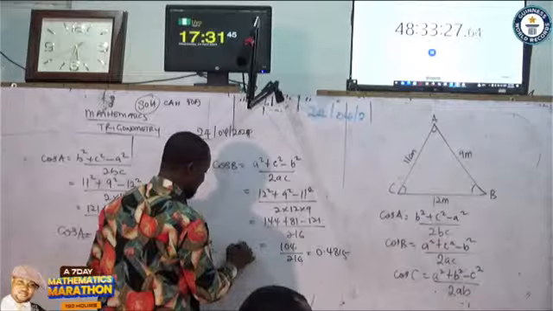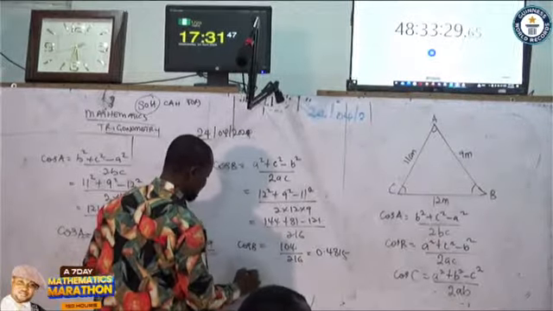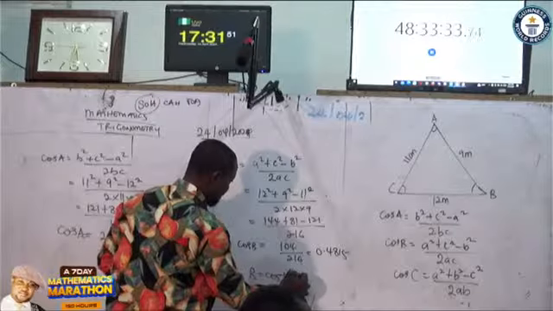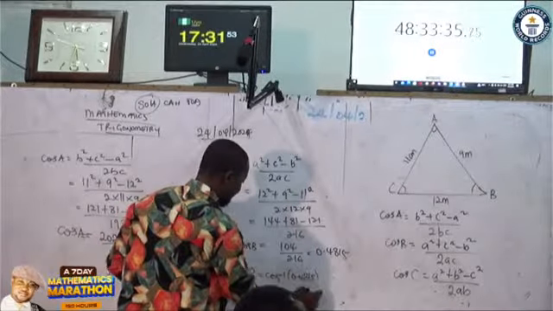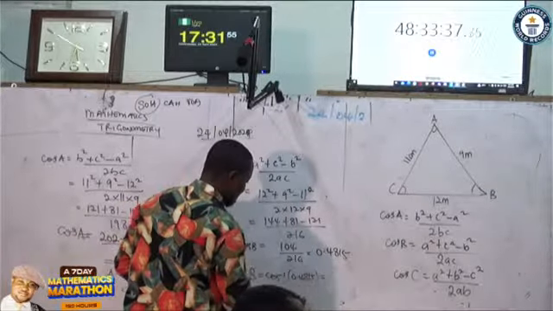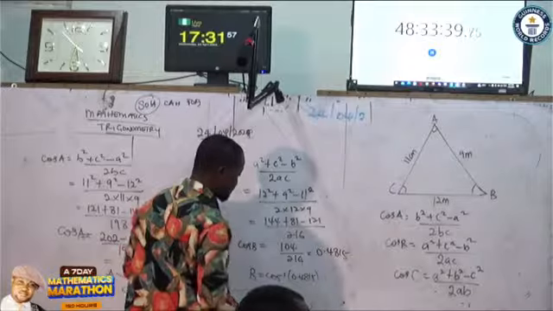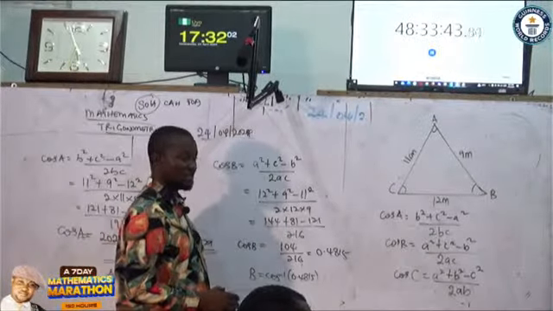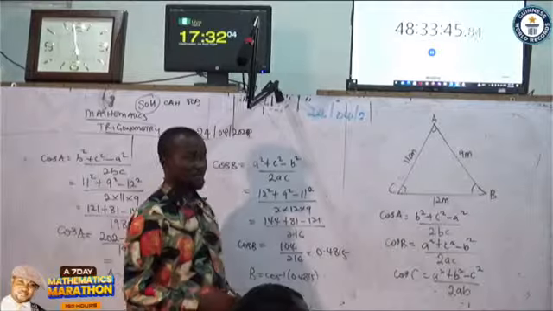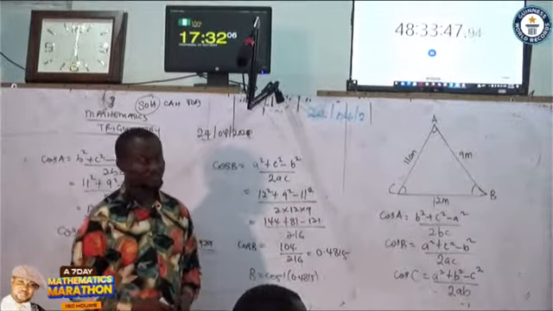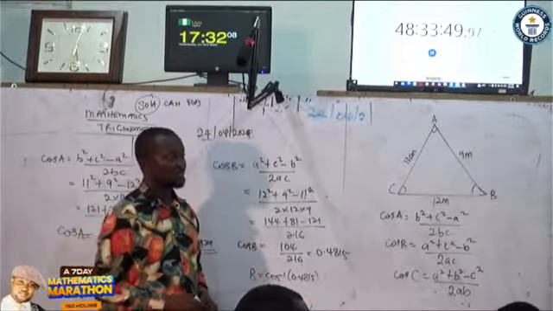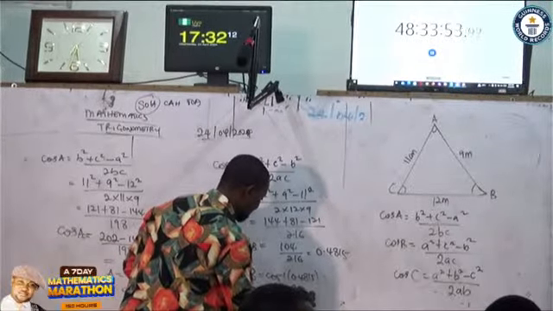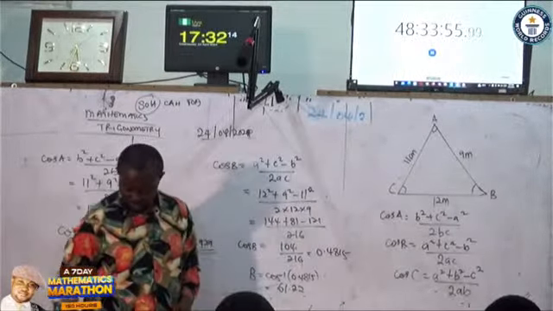That's my cos B. So B equals the cos inverse of 0.4815. What do you have? 61.22 degrees.